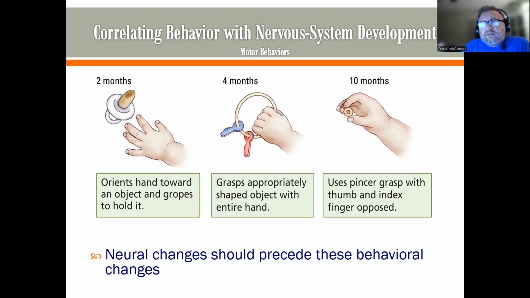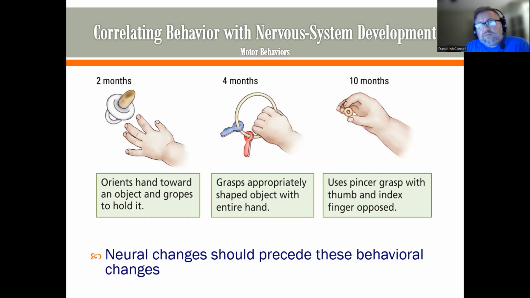Then these known timelines can guide the neuroscience research to say, okay, now is a good time, we have a group of babies that are 4 months of age, or maybe just a little bit shy of 4 months. Let's go in and start looking at the motor cortex right now and see what's happening just as we are moving into this ability to start grasping more accurately at 4 months.